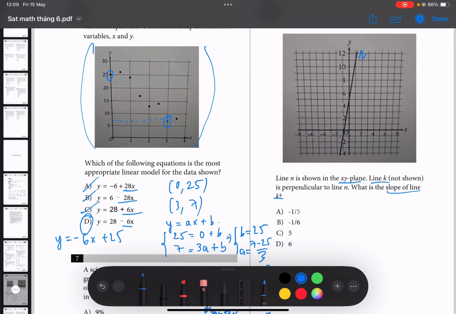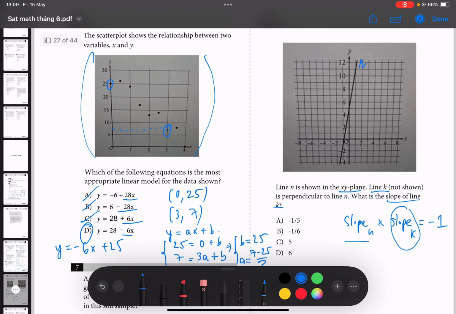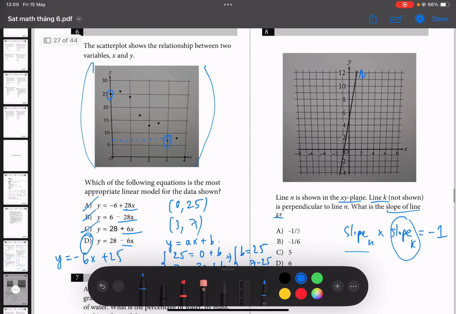So let's say slope n multiplied by slope k will equal minus 1. What you want is to find slope k, so that means you need to know slope n first. Because you have the line over here, you can find slope n pretty easily.